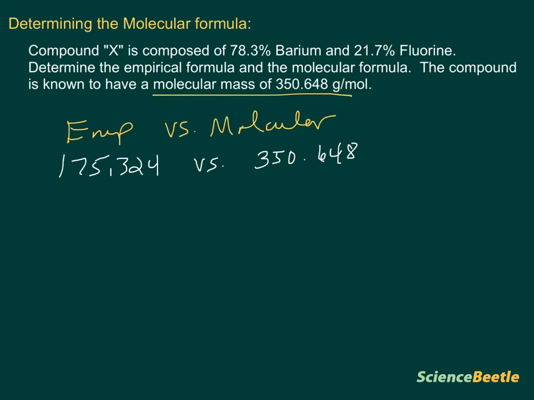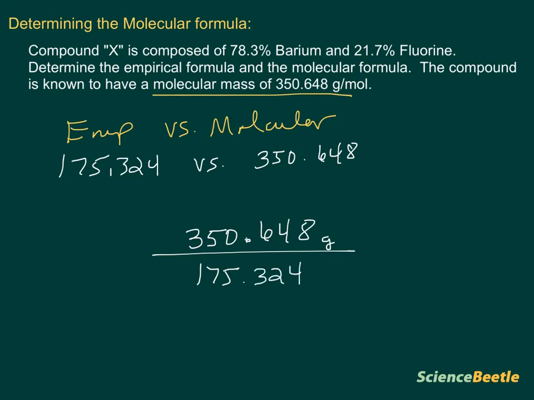What we said we're going to do is divide 350.648 grams by 175.324 grams. Grams cancel, and if you do this math, you wind up getting a number of 2. In other words, 175.324 goes into 350.648 two times.